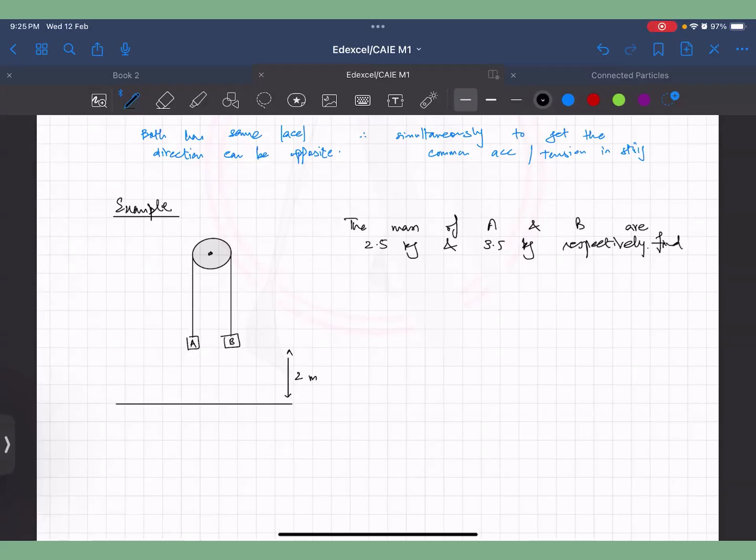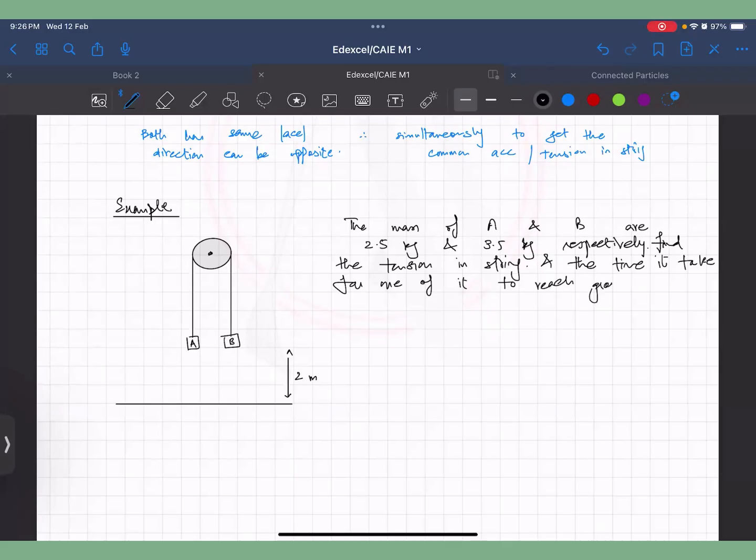Find the tension in the string, and the time it takes for one of them to reach the ground.